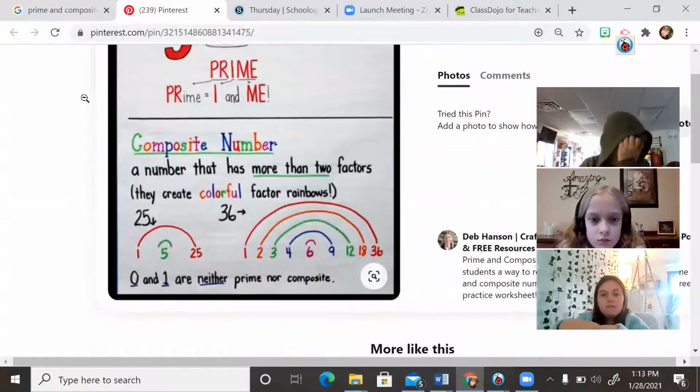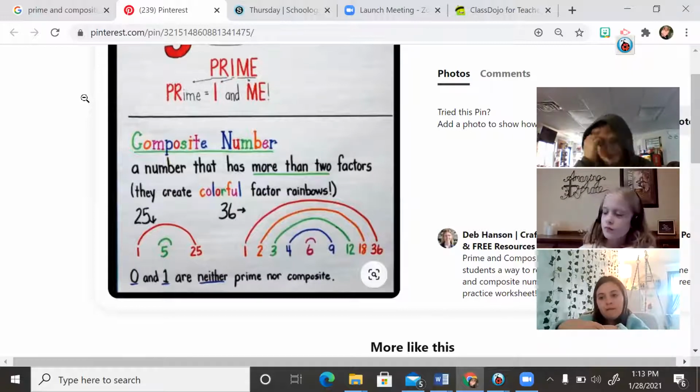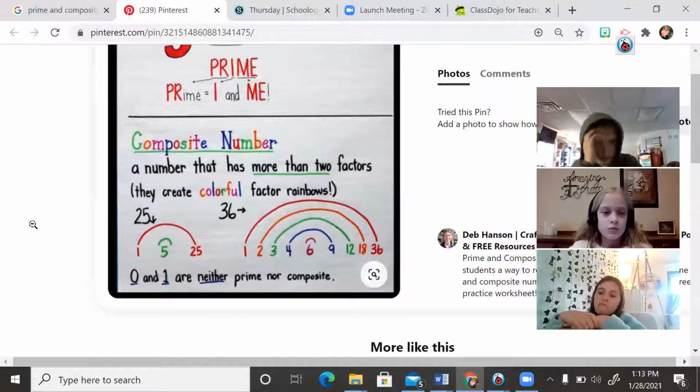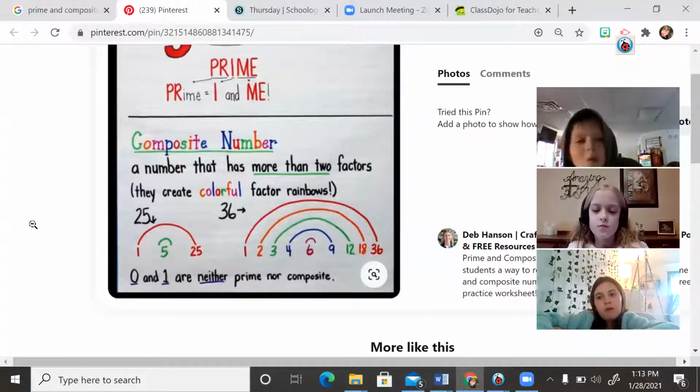But then when we look at a composite number, a composite has more than 2 factors. They create colorful factor rainbows. So let's look at the number 25. Ilea, what can we multiply together to get the number 25? Always start with the easiest.